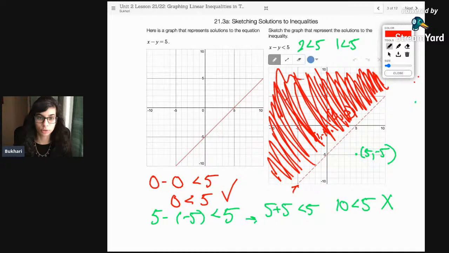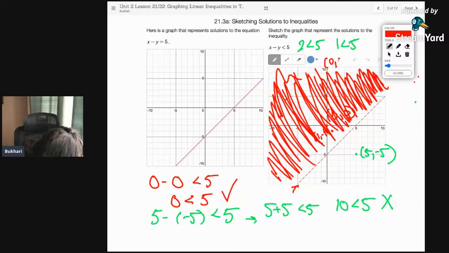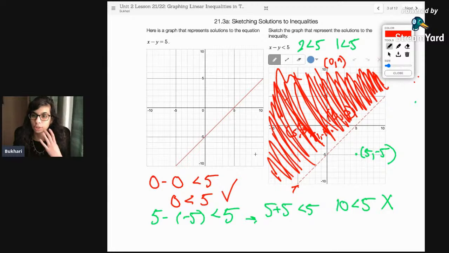And that's the goal of today, right? We want to learn and realize that we have multiple solutions to the inequality. And what does that represent? We're showing that all those coordinate pairs are solutions. If I choose any of them, right? If I choose 0, 9, or if I choose negative 5, 0, all of these are solutions, and you can keep testing that and seeing what's happening.